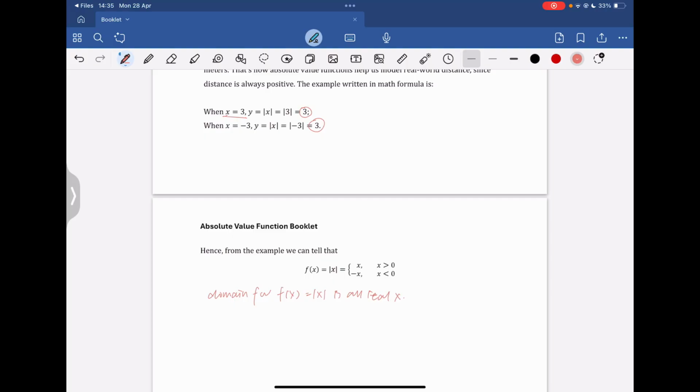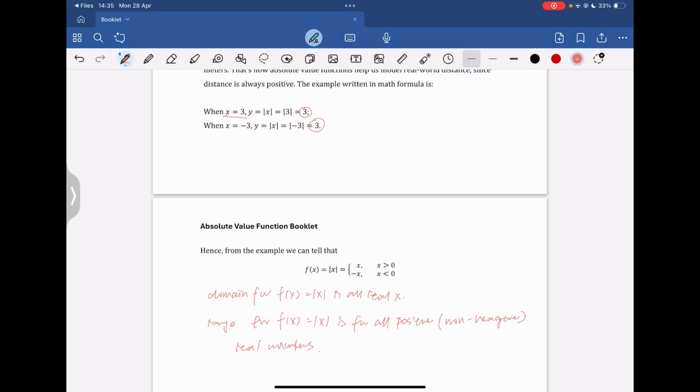The range of f(x) equals absolute x is what? Very good. It's all positive or non-negative real numbers.